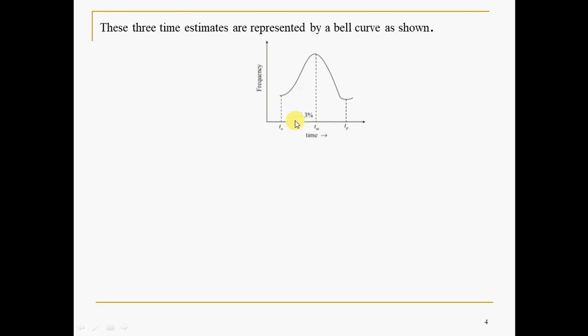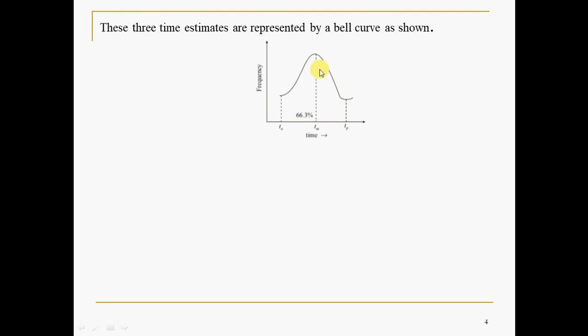It is like a bell shape, no? The remaining, if you take 100 minus 66, is 34. So the remaining 34 is equally divided: this is 17 and this is 17. I mean, optimistic time will be 17%, and pessimistic time also is 17%.